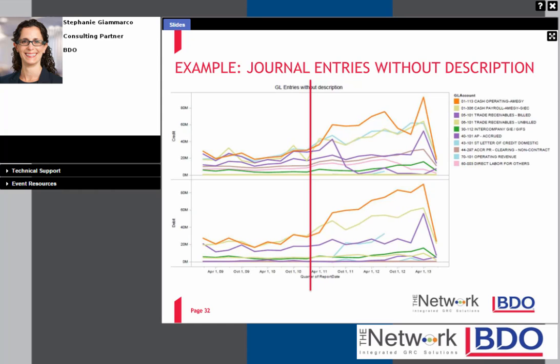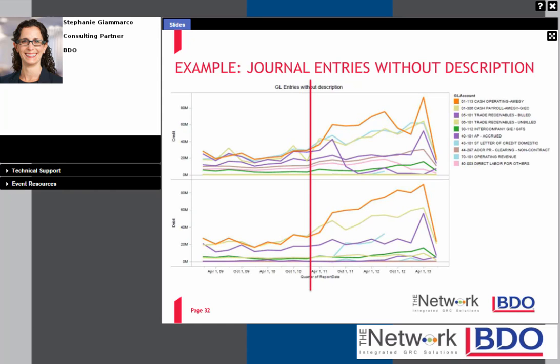Prior to the line, you see a relatively consistent number of entries without descriptions, for several years, from 2009 to sometime in 2011. Then all of a sudden you see very quickly that it went haywire and something happens.